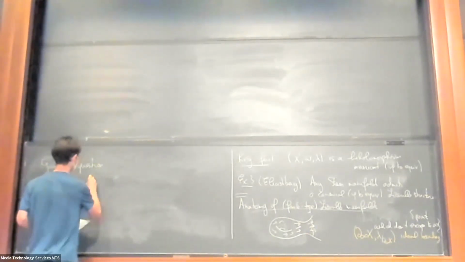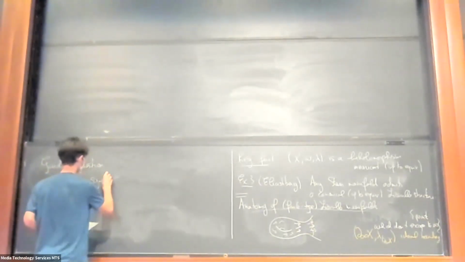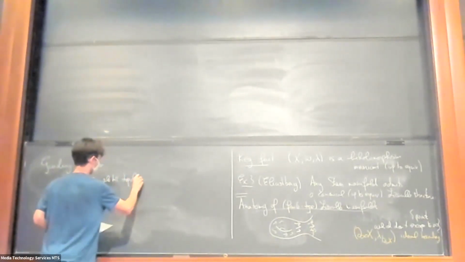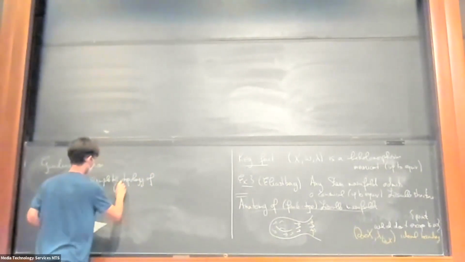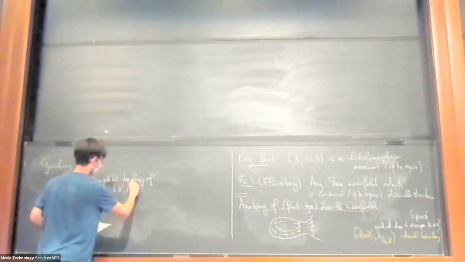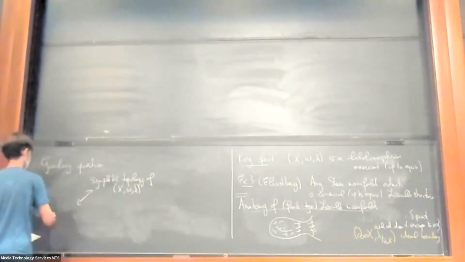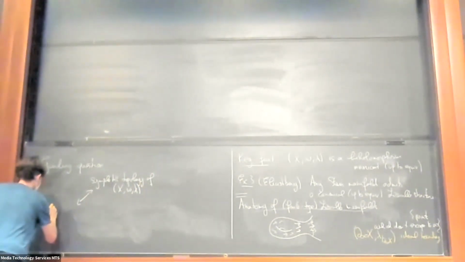How does the symplectic topology of X, omega, lambda or X, omega, V interact with, well, then you can ask various types of questions.